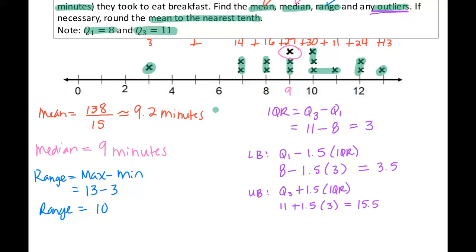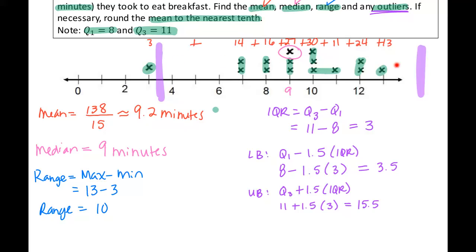Quiet, please. Eyes up front. Okay, this is now my lower bound and my upper bound. So what I'm going to do is draw my lines on the number line. My 3.5 would lie right here between the 3 and the 4. And 15.5 is going to be way over here. Those are my boundary lines.